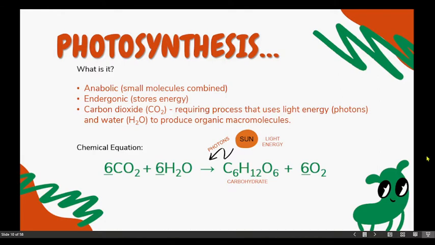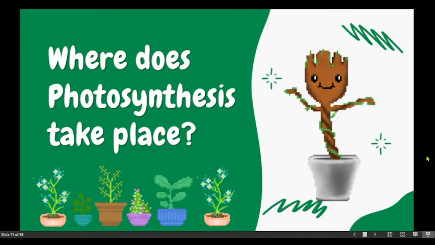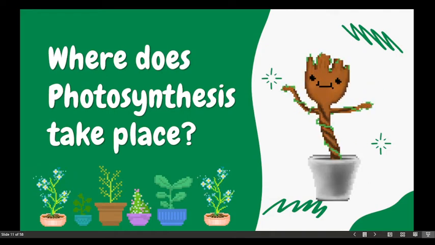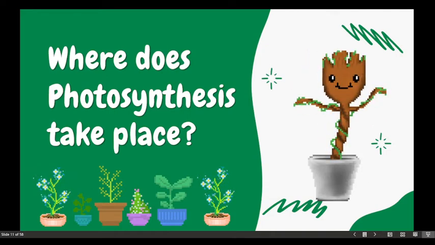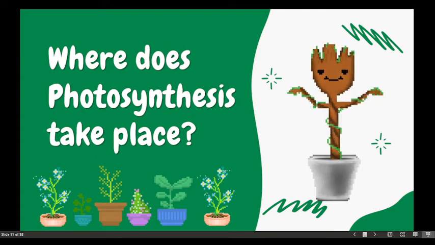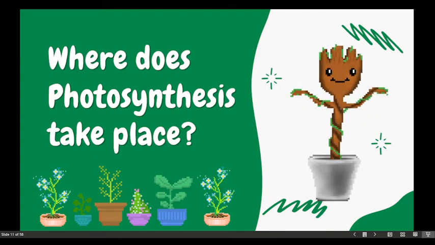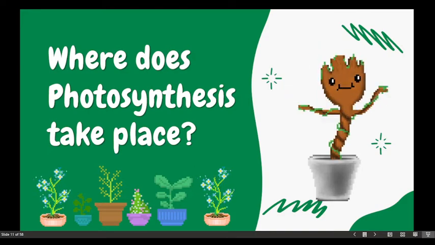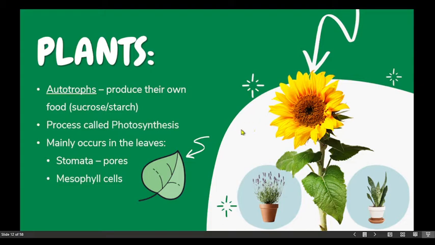Okay, next. So where does photosynthesis take place? We know that plants are capable of doing photosynthesis, and well, also some organisms can do this as well, like phytoplankton. So let us look at this slide. We see for example, the sunflower plant.